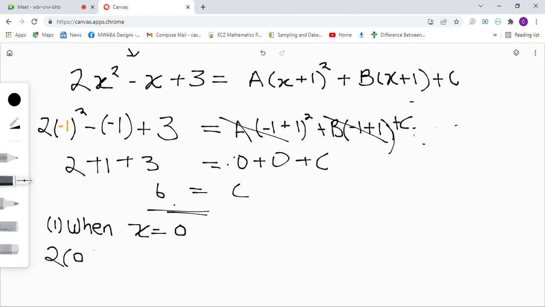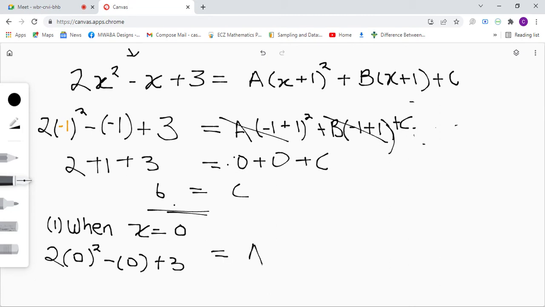So we're going to say 2 times 0 squared minus 0 plus 3. This is on our left hand side.